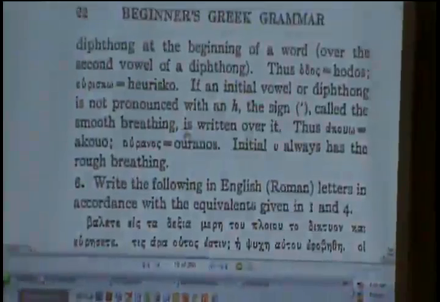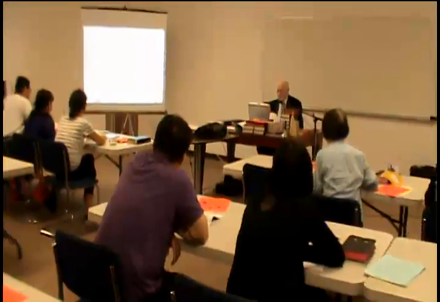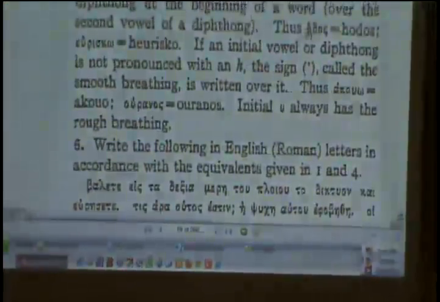Yes, go ahead, Jane. So when you say left, breathe is this way, right? Well, let me show you what I mean by left. The rough breathing is like this. See that? It's written to the left.